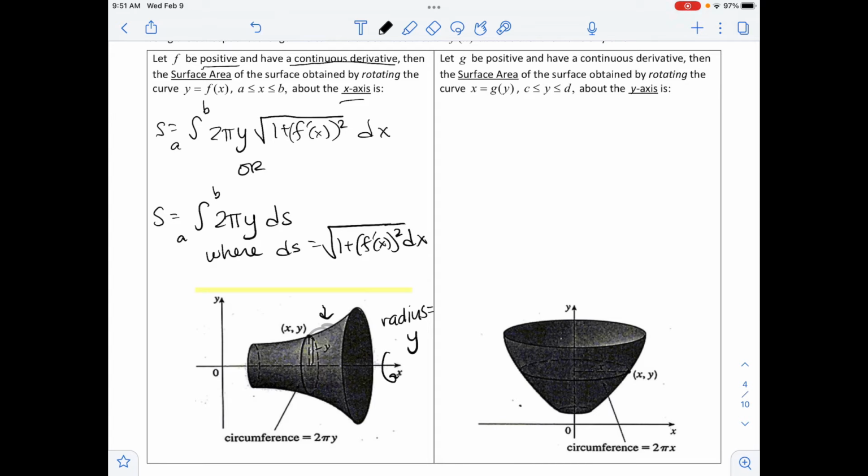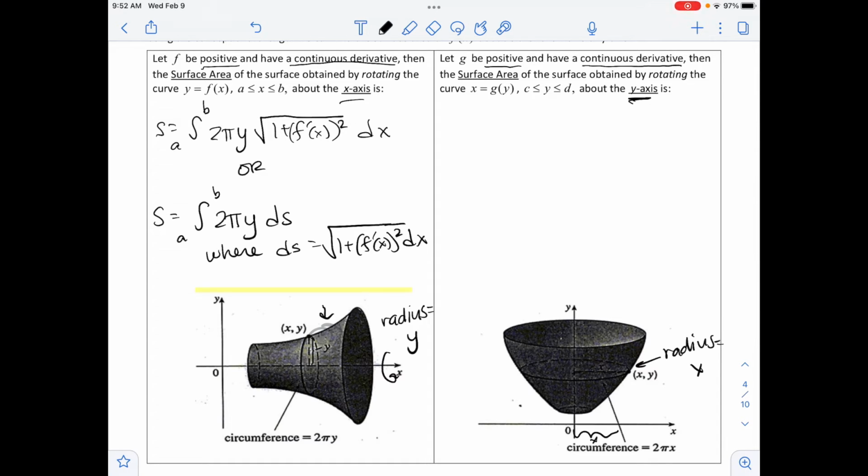Right next to that, it says let g be a positive function and have a continuous derivative also. Then the surface area of the surface obtained by rotating the curve x equals g of y between y values c and d about the y-axis. This time, and I know it's a little difficult to see here, but the radius is on here. So this time our radius is equal to x, since that's that distance down here.